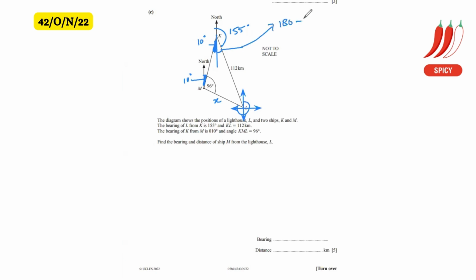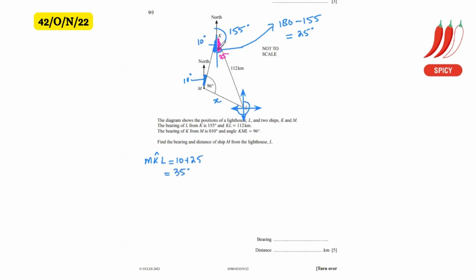And to find this angle, we can easily do 180 minus 155, which is equal to 25 degrees. So this angle over here is 25. So total angle MKL would be 10 plus 25, and that's 35 degrees.